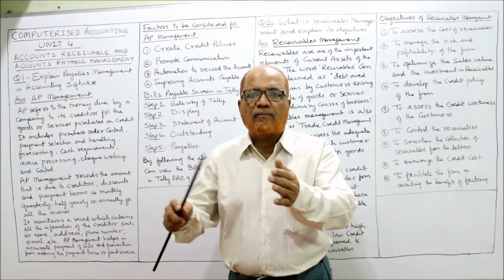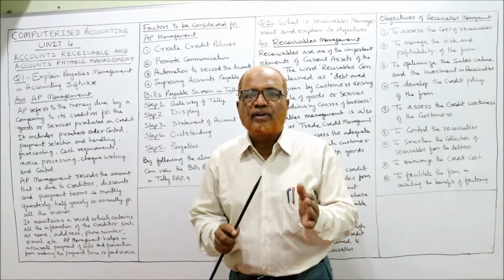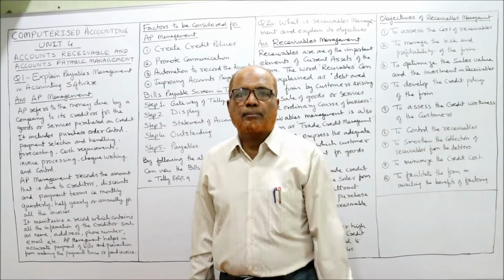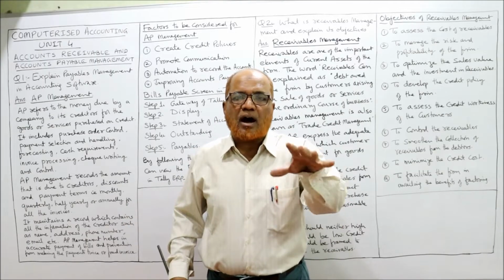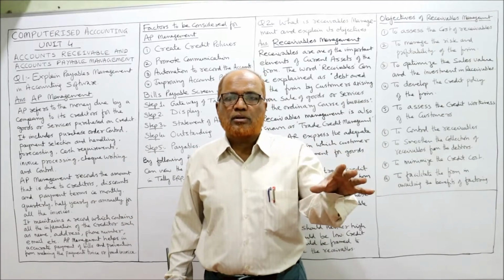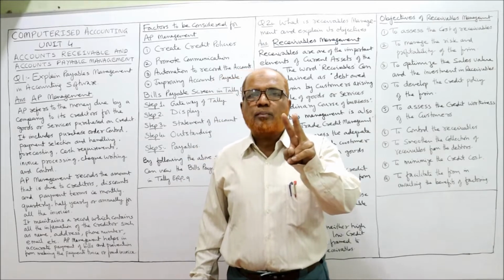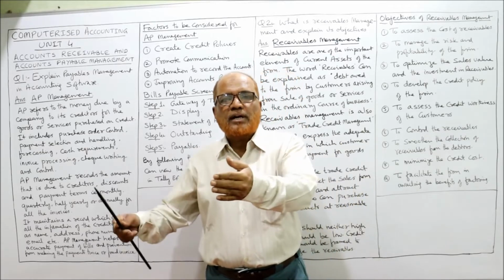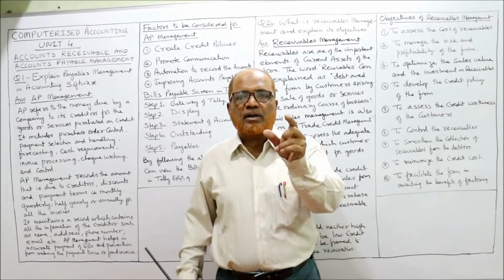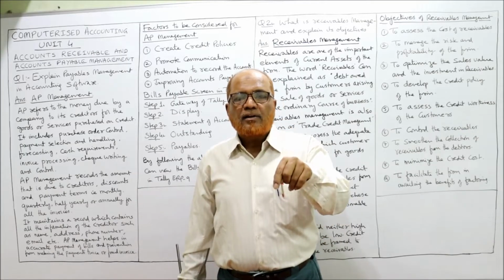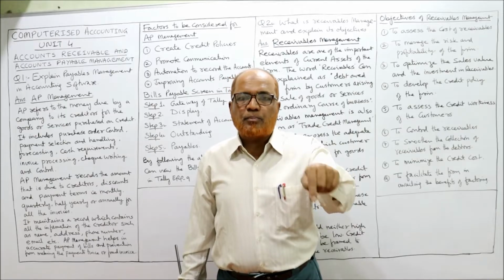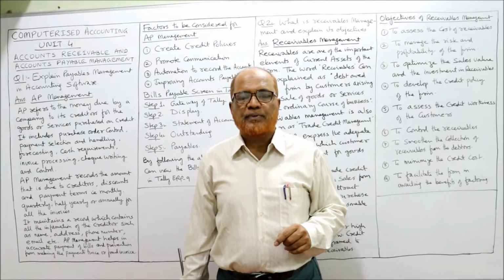No supplier will come forward to supply goods if we do not pay on time. So a number of activities are there in accounts payable management. The dual objective is, first, we should get the maximum advantage from the credit period allowed by the supplier. Secondly, we should not get a bad reputation by not paying on time.